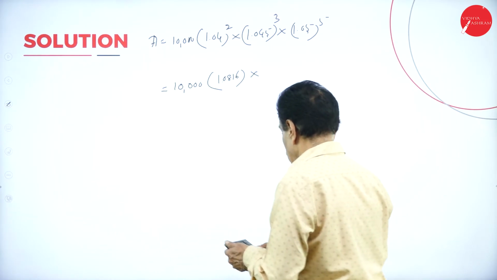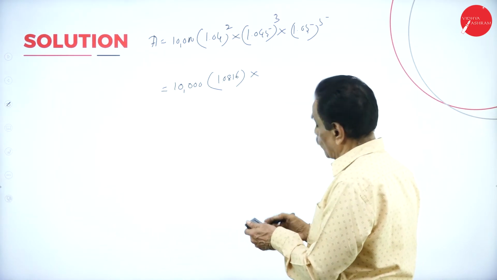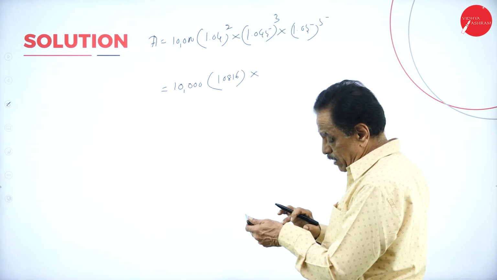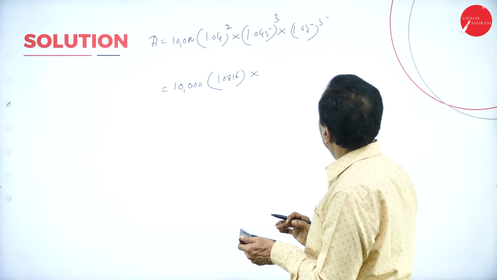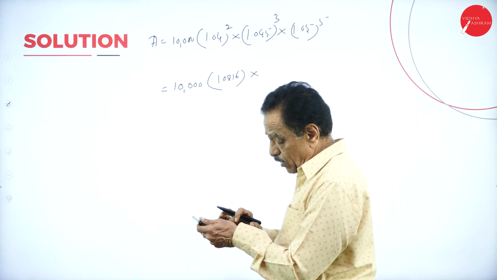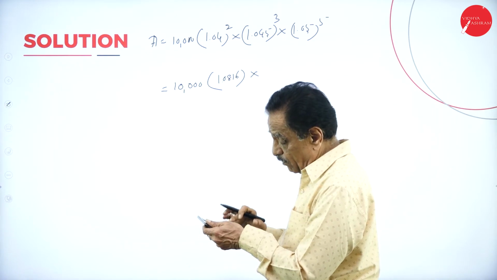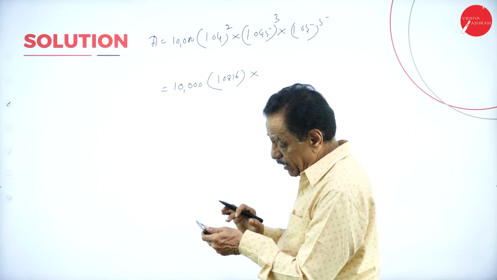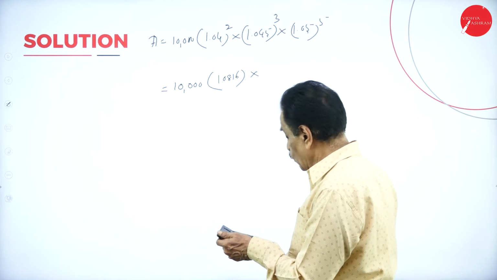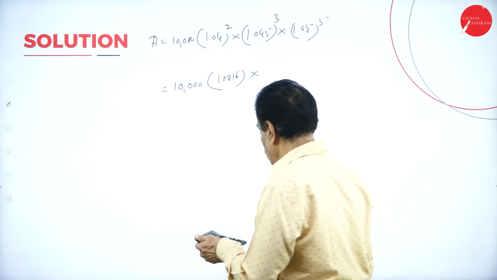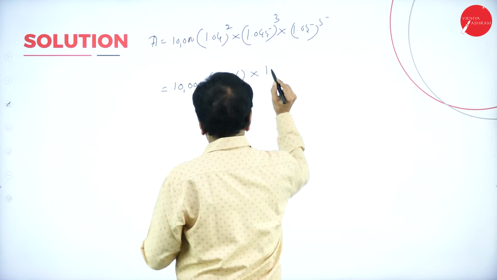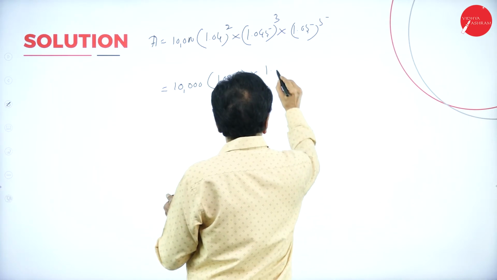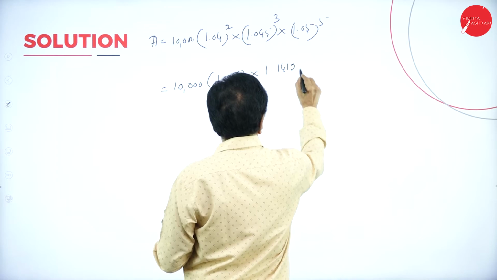Into 1.045 to the power of 3, 1.045 into 1.045 into 1.045, so 1.1412.